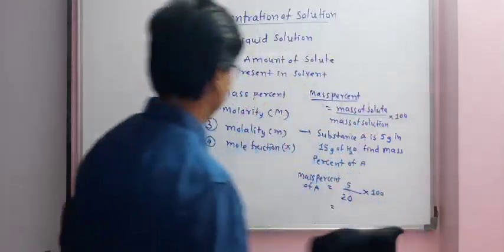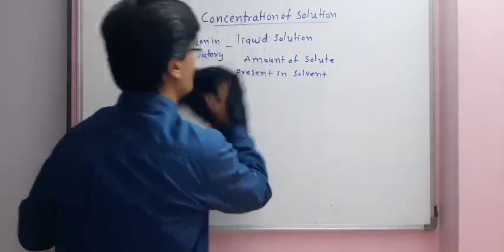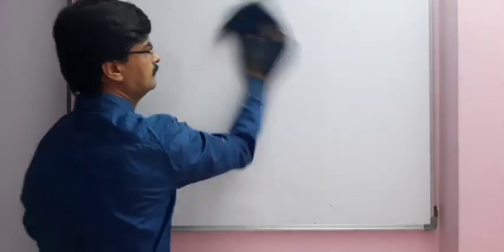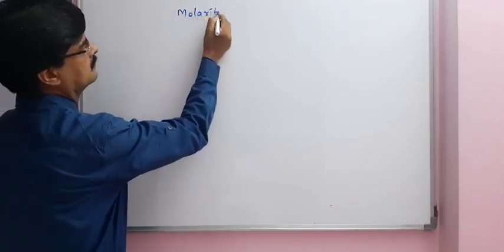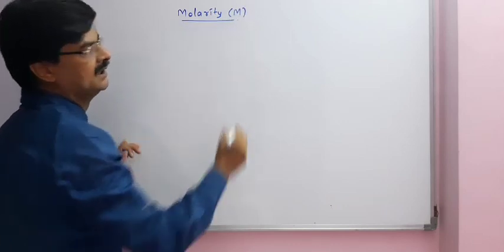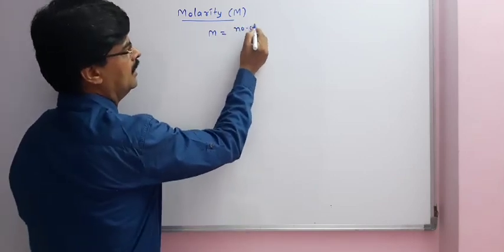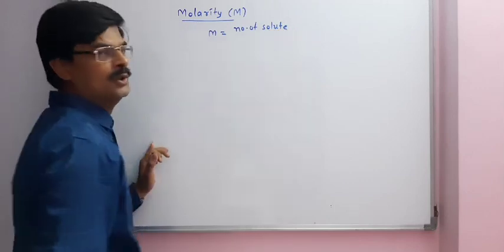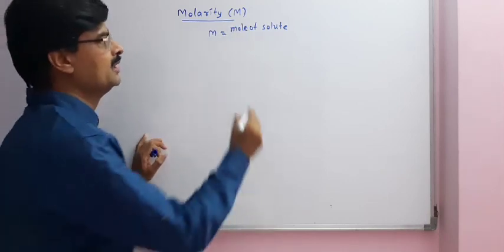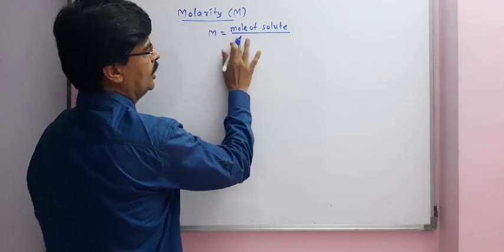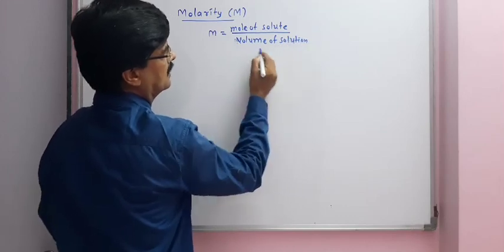Now, what is molarity? Molarity is denoted as capital M, and molarity is equal to number of solute particles, means we have to say mole of solute, divided by volume of solution in liter.